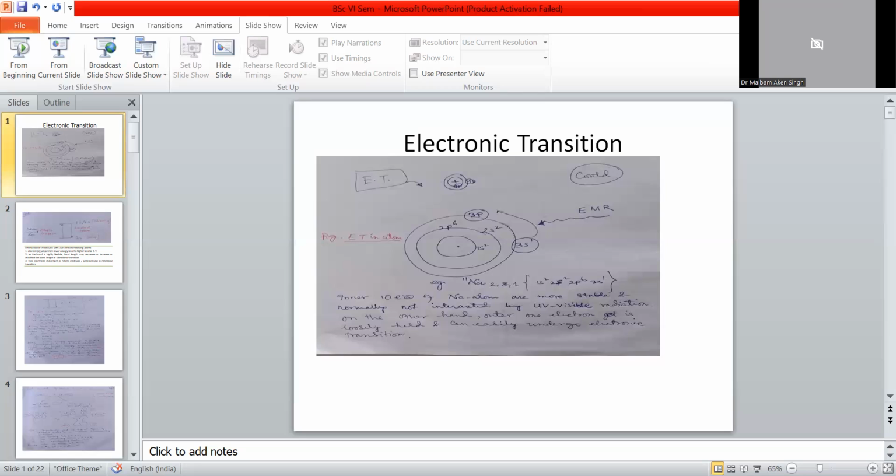And the number 4 type is n to pi star, having n and pi electrons. There should be a non-bonding electron and there should be a pi electron, a multiple bond, either double or triple. This is one example, aldehyde, acetaldehyde, IUPAC name ethanal. In this molecule, C single bond C, and this C is double bonded with oxygen and single bonded with hydrogen.